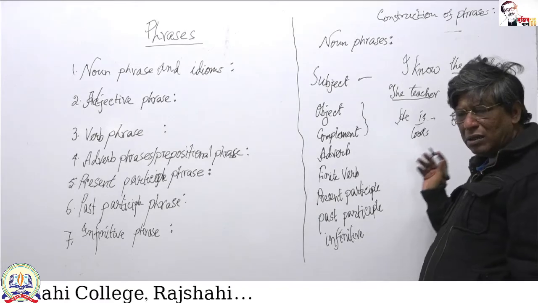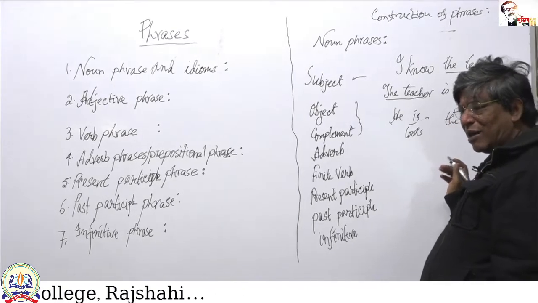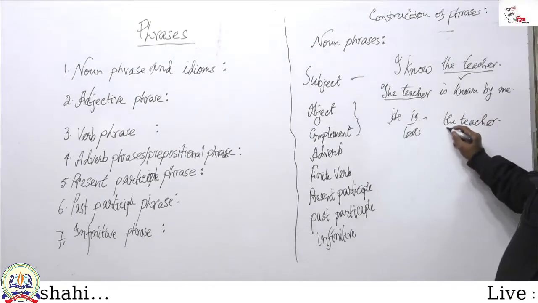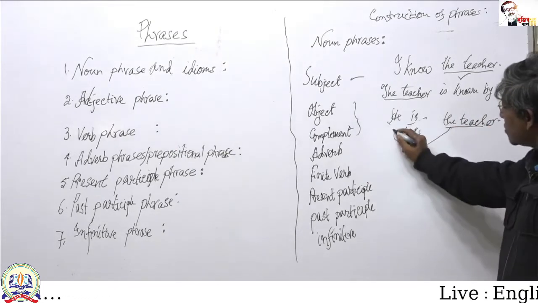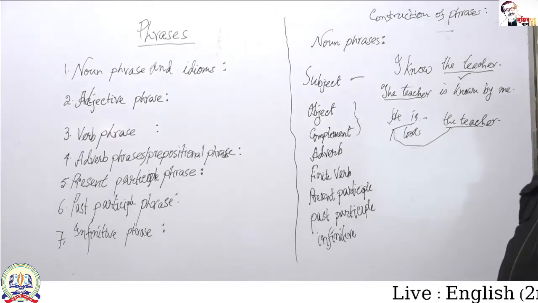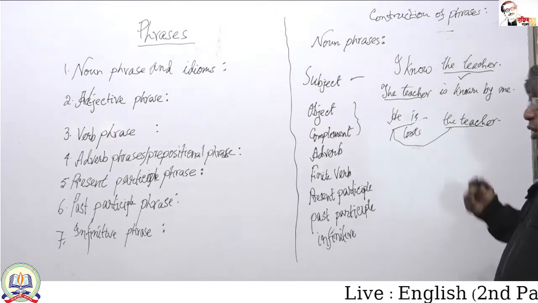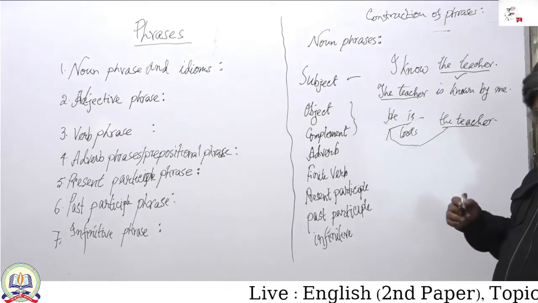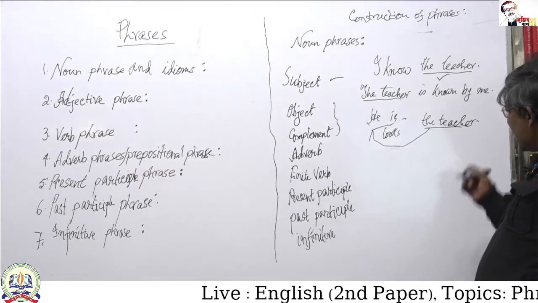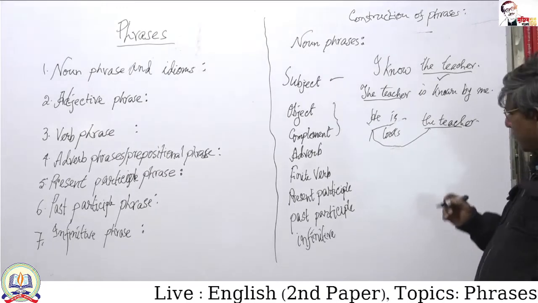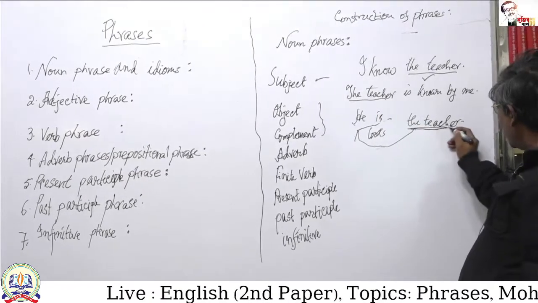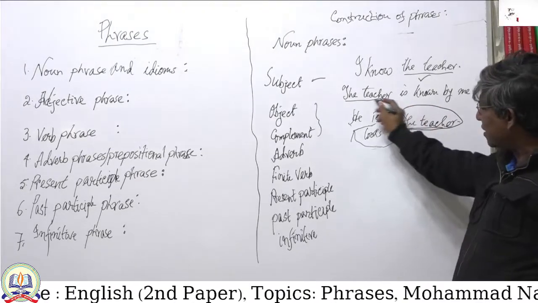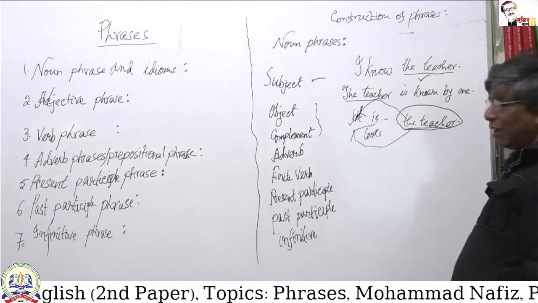That is, the sentence is the identification of someone, and in this sentence the teacher itself refers to the subject. Therefore, either with the verb is or with the verb looks, you cannot make this sentence passive, because the noun phrase following the finite verb is or looks refers to the subject itself, unlike the previous sentence.